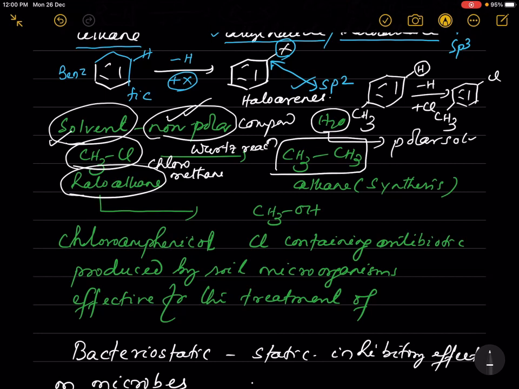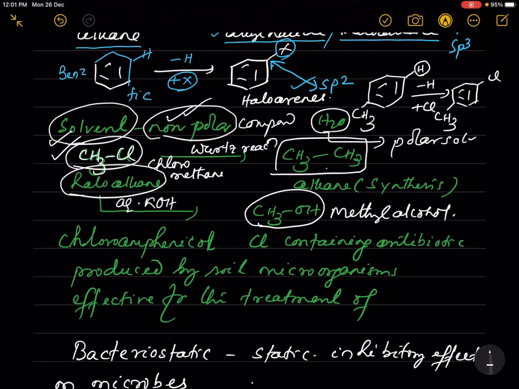Similarly, methyl alcohol can also be synthesized from methyl chloride by treating with aqueous KOH. So you can synthesize many organic compounds from haloalkanes.